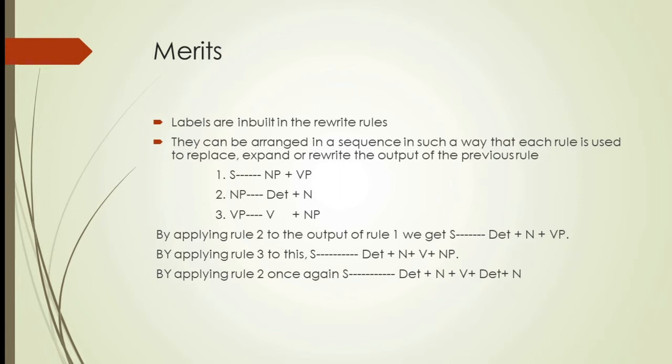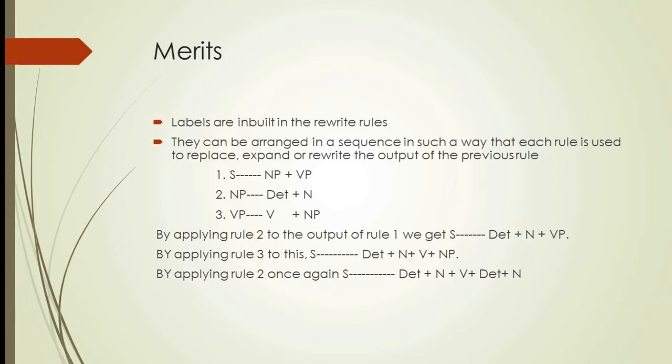If you look at the first rule once again, sentence divided into noun phrase plus verb phrase, you can use rule number 2 to expand it. Instead of NP in the first rule, you can rewrite it by determiner plus noun. So how does that sentence change? It becomes determiner plus noun plus verb phrase.